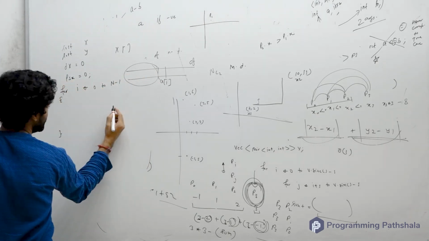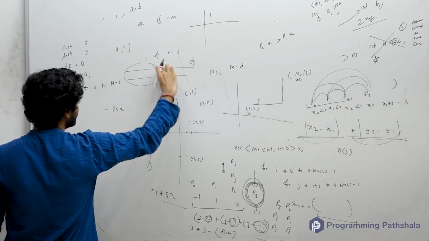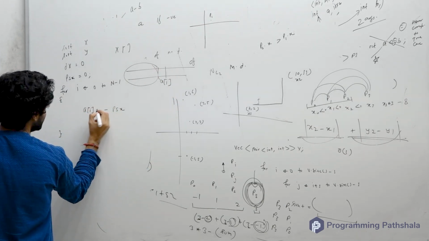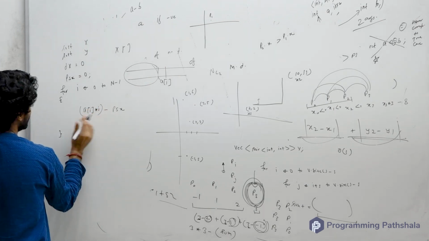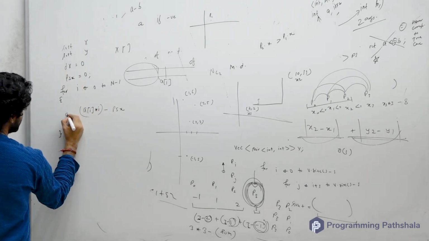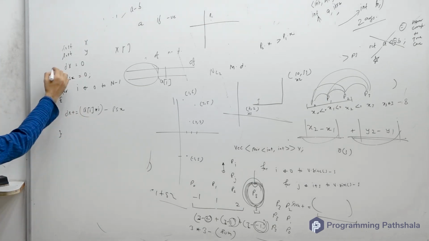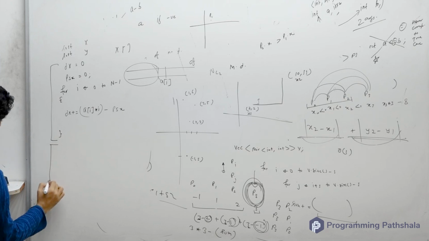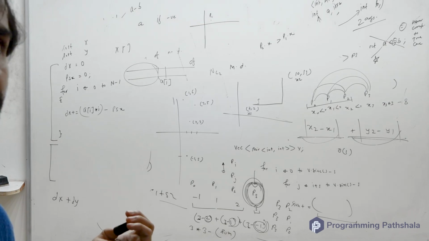This thing I wish to subtract from a of i taken i number of times. So this will be the contribution of the ith point, and this will increment my distance in the x-axis. The same thing that you have done for x, you can do also for y, and eventually what you can return is dx plus dy, right? It's simple enough, correct?